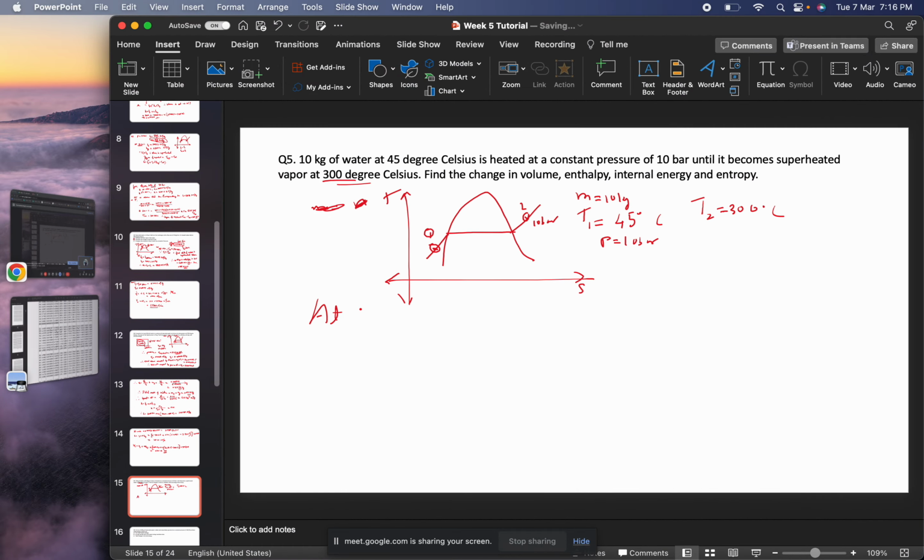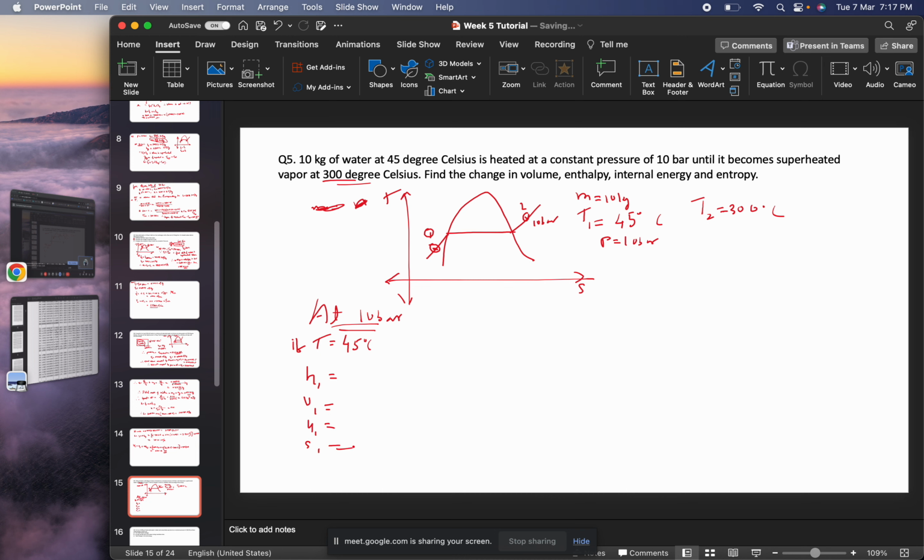At 10 bar, if T is 45 degrees Celsius, so you need to calculate H1, V1, U1, and S1.